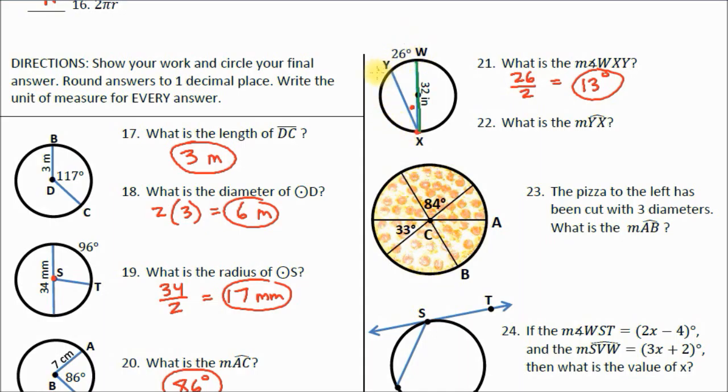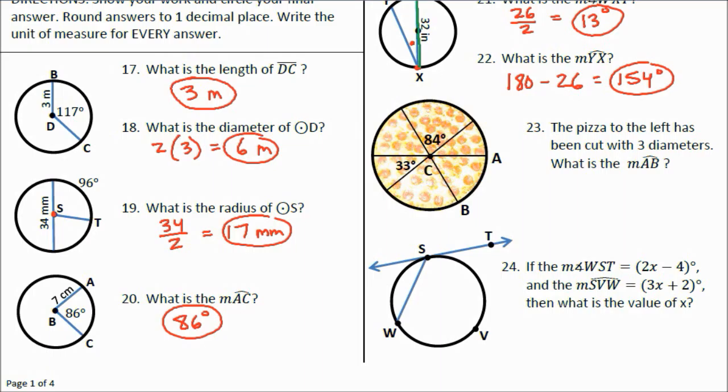So we can figure out arc YX by subtracting the known intercepted arc, 26, from 180. So 180 degrees is a semicircle minus 26 degrees, and that is equal to 154 degrees.